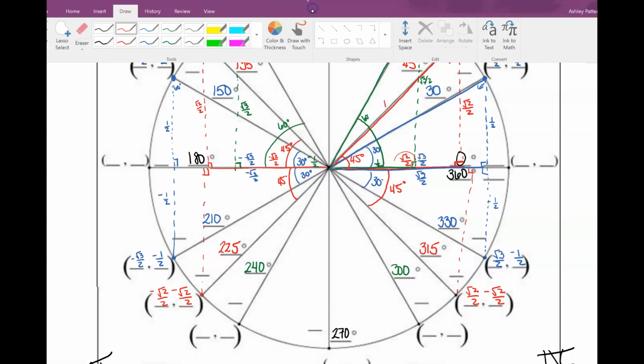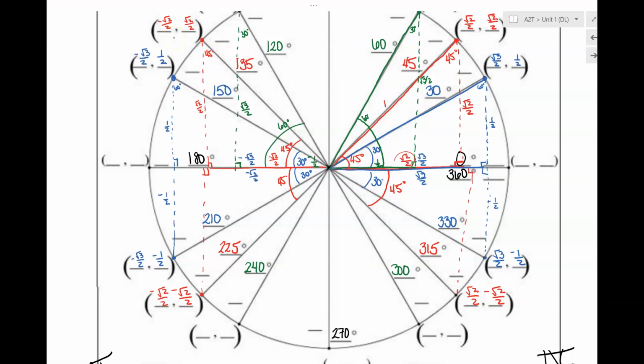So awesome. And then last but not least, how far is 240 from 180? And yes, that is 60 degrees. It's my green color. And then if I were to drop that down to create that right triangle, we know that this is going to be 1/2 because the x portion is across from the 30. And then the y coordinate is going to be rad 3/2, and they are both negative.